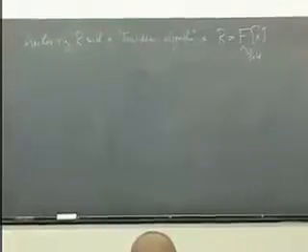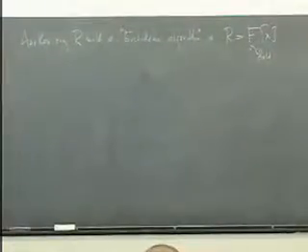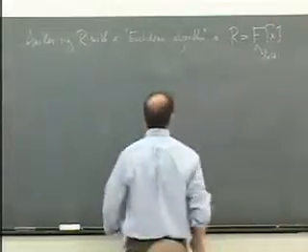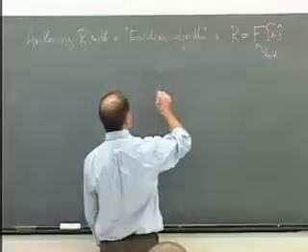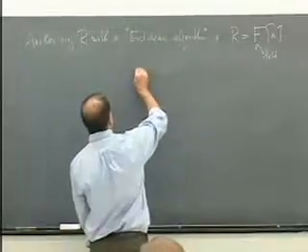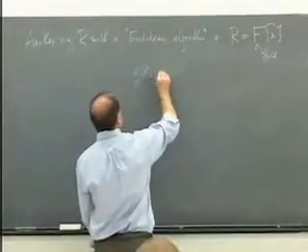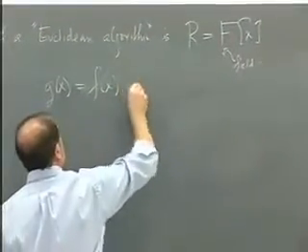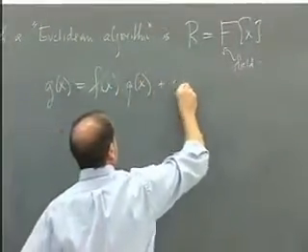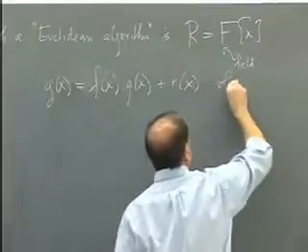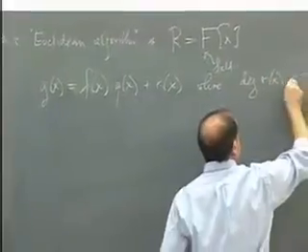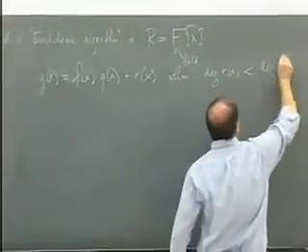And what we know for polynomials over a field, where for integers we had the size of a number, its absolute value, is that for a polynomial over a field, we have its degree. So we know that given g(x), it can be written as a multiple of f(x), q(x), plus r(x), where the degree of r is less than the degree of f(x).